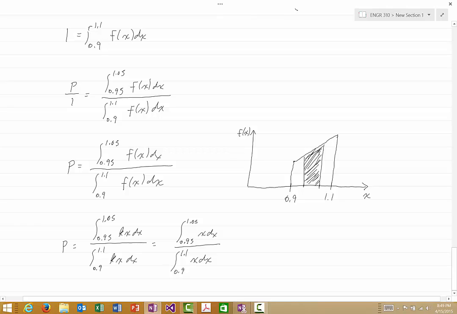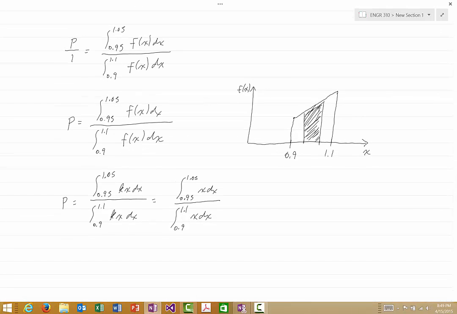And it makes perfectly good sense. The probability that x will be somewhere in here is simply the ratio of this area to the entire area, because x has to fall somewhere within the entire area. So I think that this makes perfectly good sense, and it's a handy thing to know about. For instance, as we just saw, it would save you a little bit of time. You don't have to find k first.